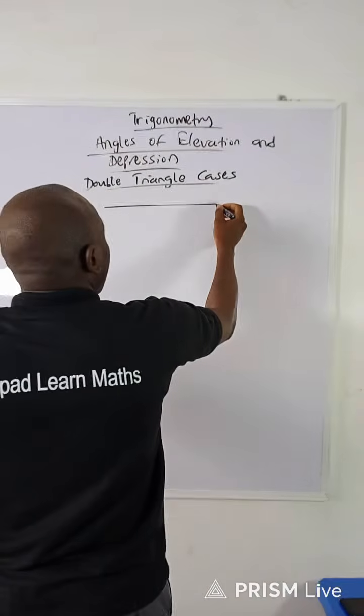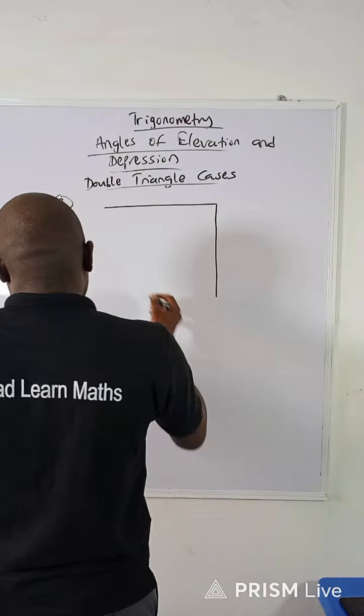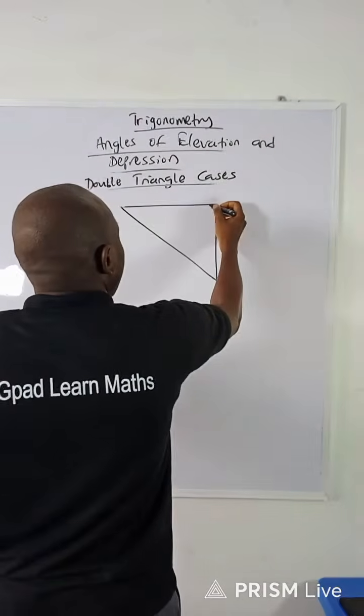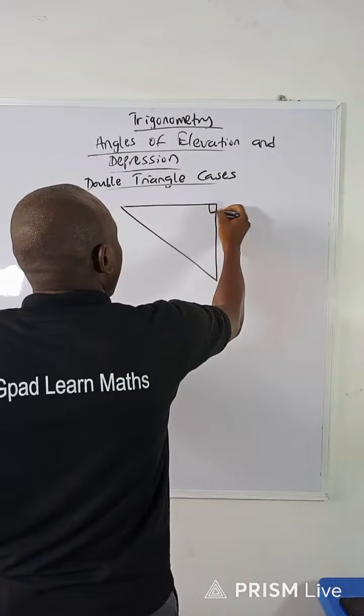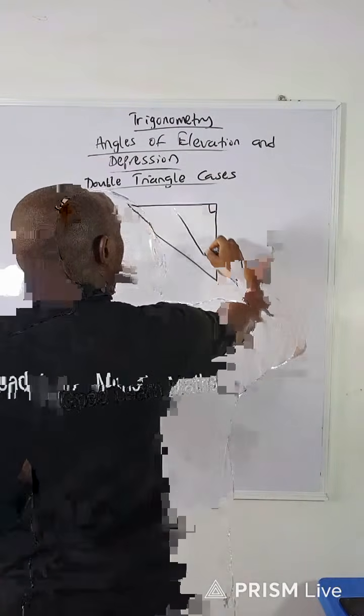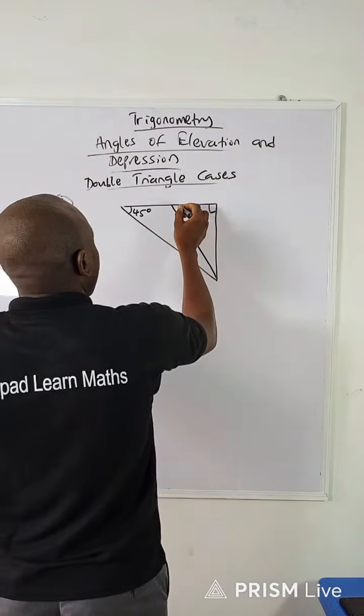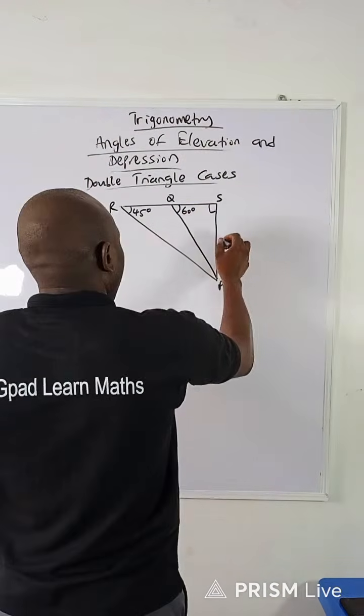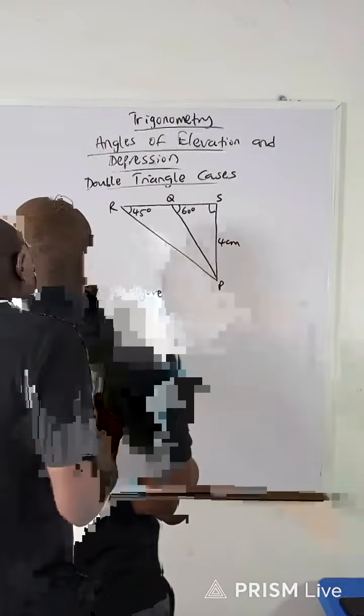So we have this right angle triangle. Try this one out first before I do. Get ready.